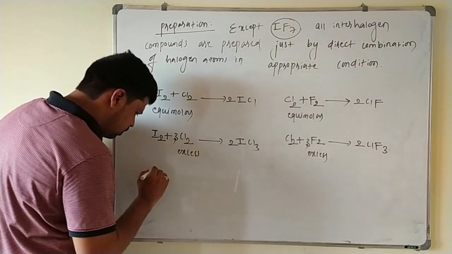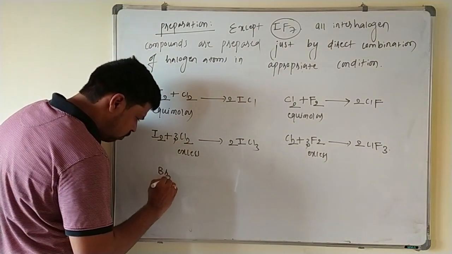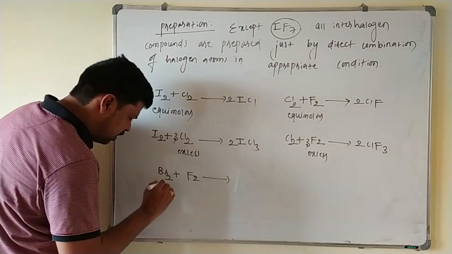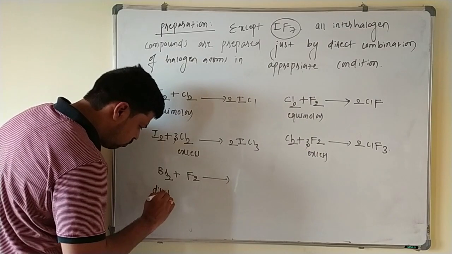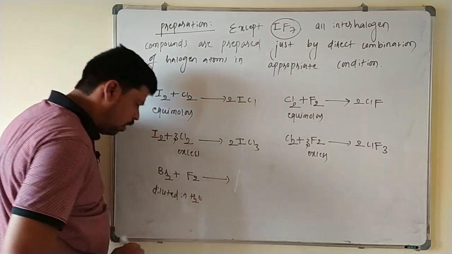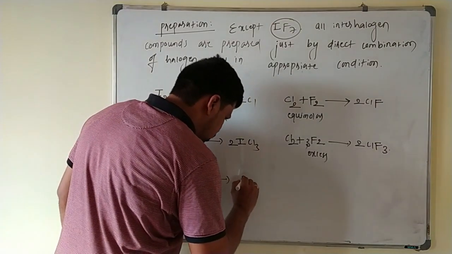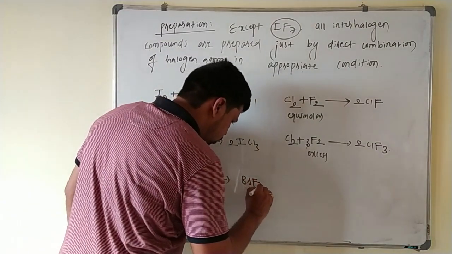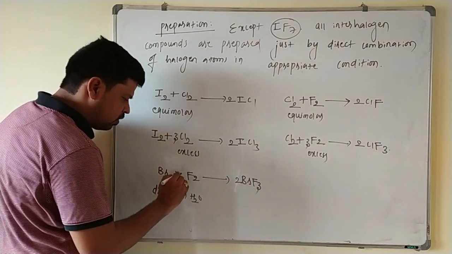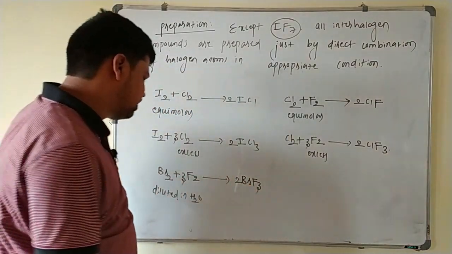Next one, Br2 combines with F2. Suppose these two are diluted in water, then there is a formation of BrF3. 2 times of bromine, you take 2 times BrF3, so that this is multiplied by 3 here.